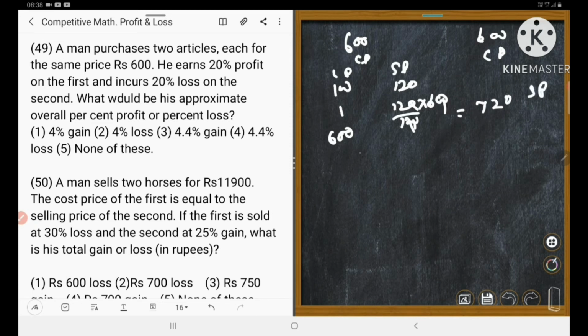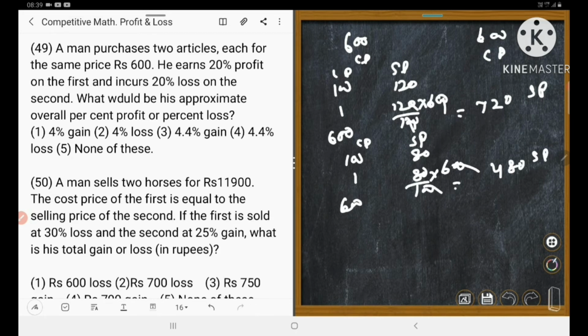Here in the second case, 20% loss. That means when CP is equal to 100, SP is equal to 80. When CP is 1, SP is equal to 80 upon 100. When CP is equal to 600, SP is 480. This is SP.